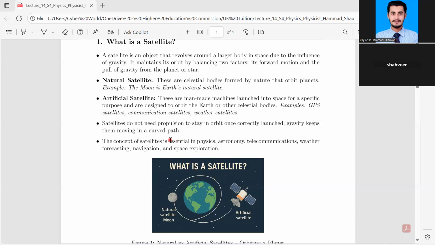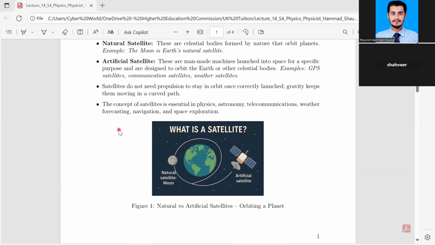So once you launch the satellites, they do not need any more propulsion. They automatically move in a curved path. But how? Because of the gravitational pull of the Earth.